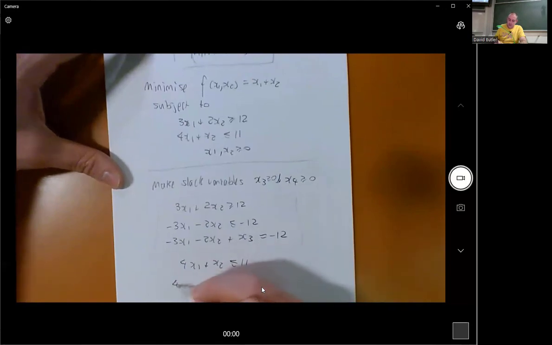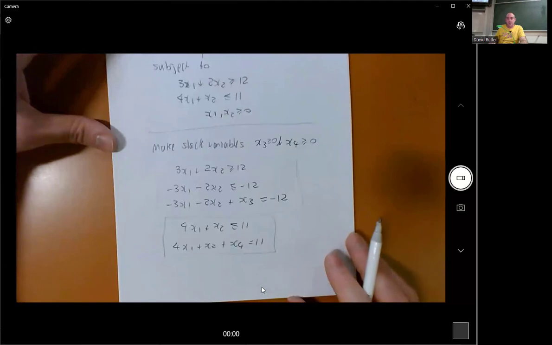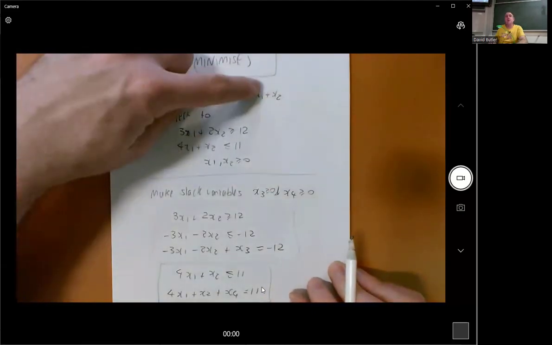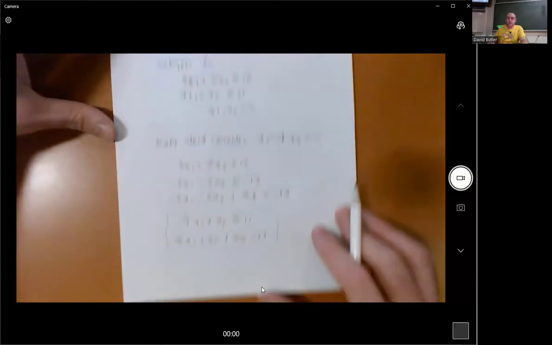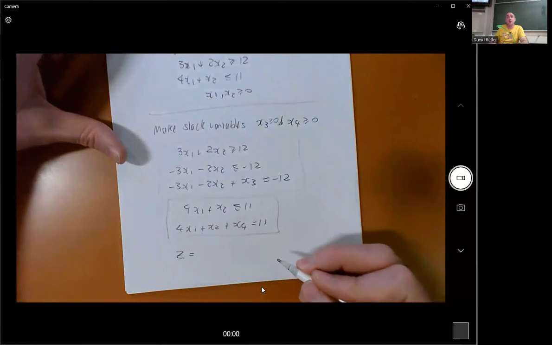And so we'll put a slack variable for this one. And then because we want to minimize, we're going to make a new function which is minus this one. So z equals the function we want to maximize.